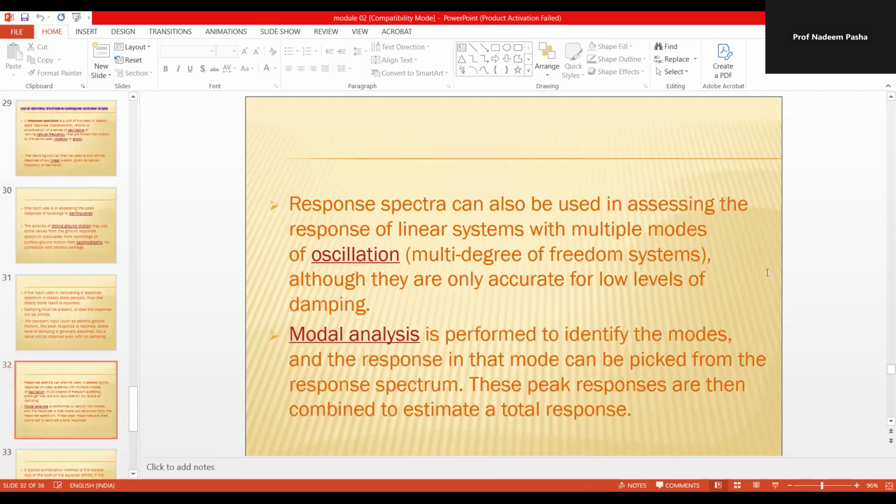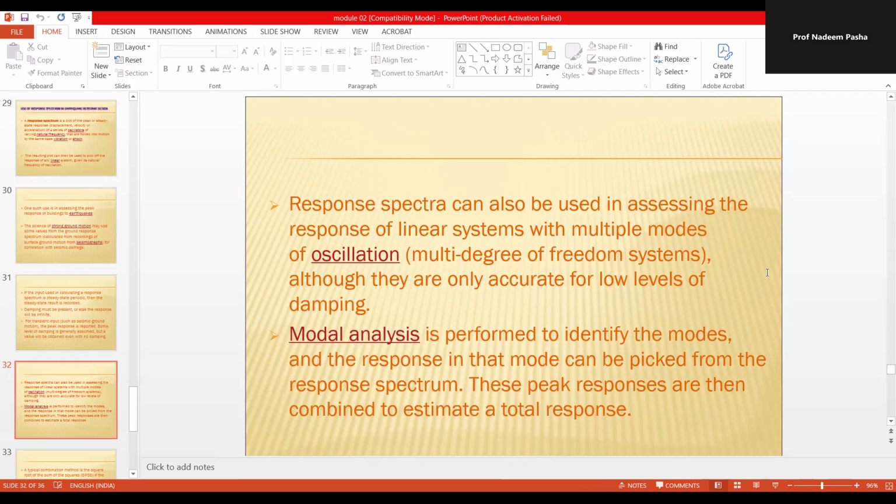Response spectrum can also be used in assessing the response of linear systems with multiple modes of oscillation. That is a multi-degree of freedom system. Modal analysis is performed to identify the modes, and the response in that mode can be picked from the response spectrum.